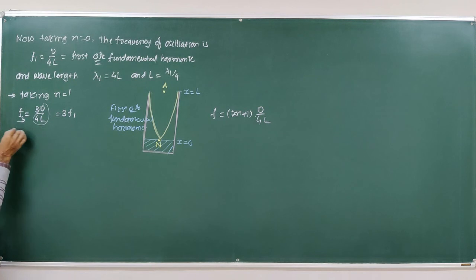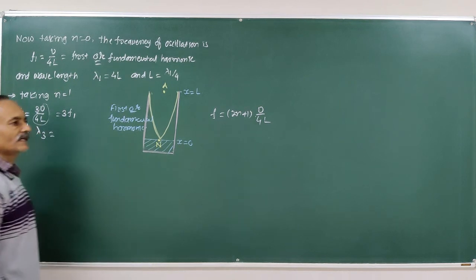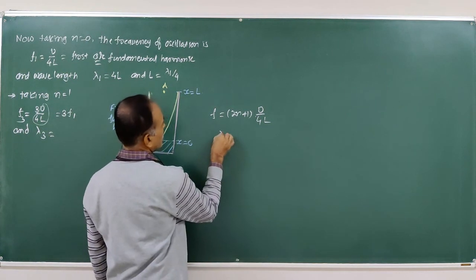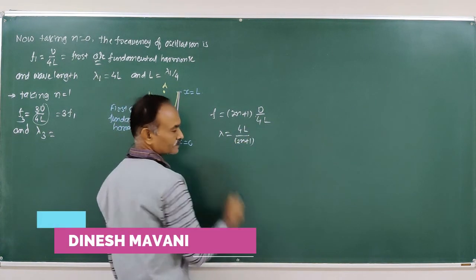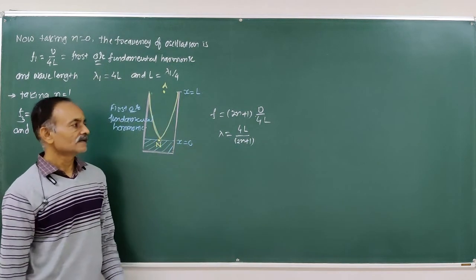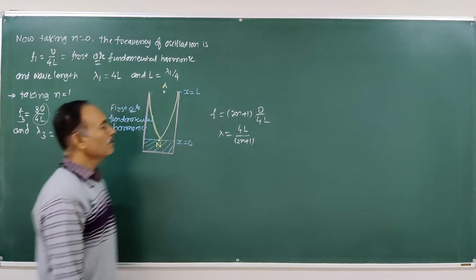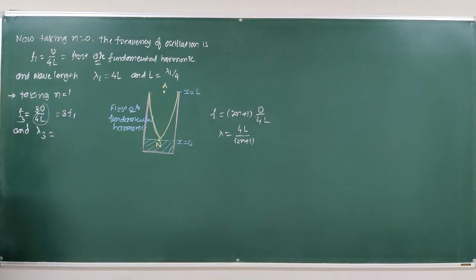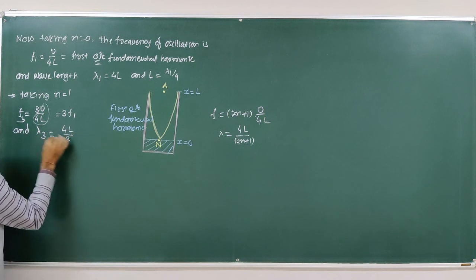And λ3 is what? Equation of the λ is 4L upon (2n plus 1). Therefore, 2 plus 1 is 3, so 4L by 3.